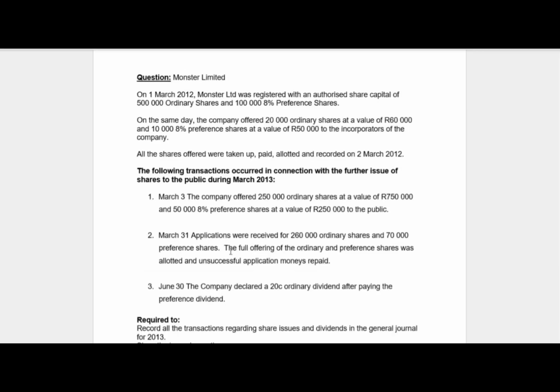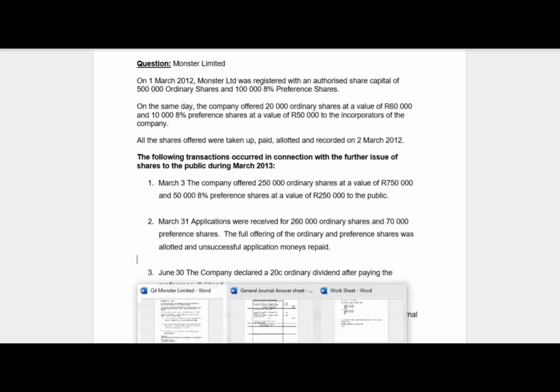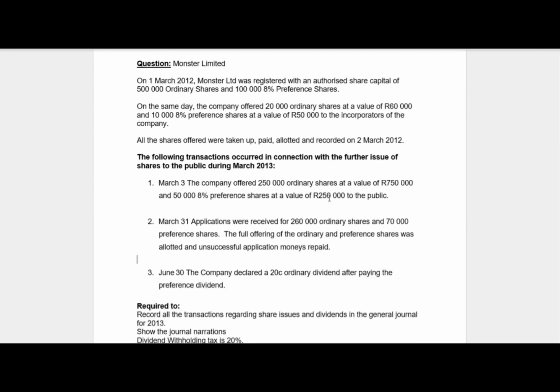plus the allocation of shares for the current year. The allocation for the current year is 250,000 rand. These are monies.